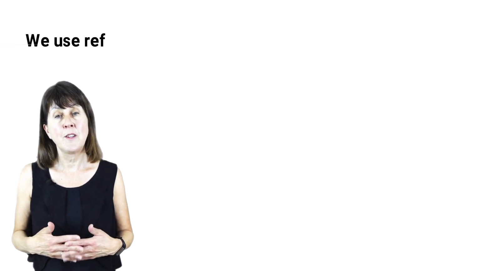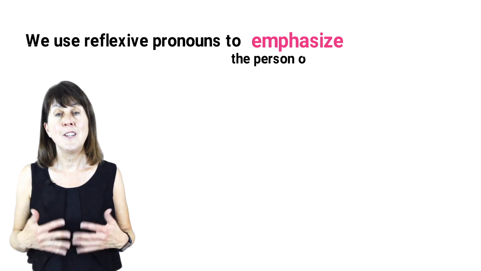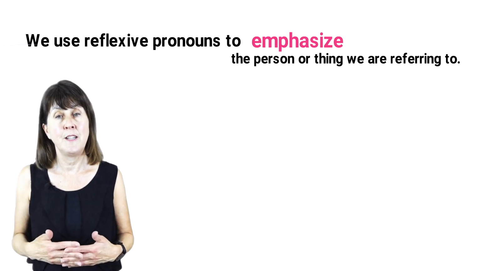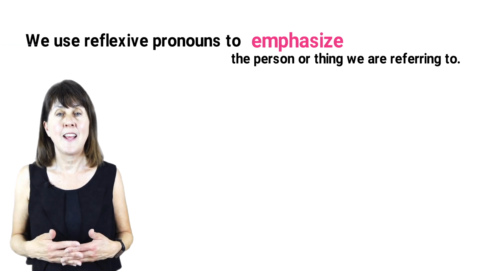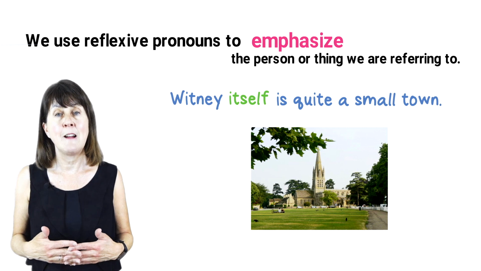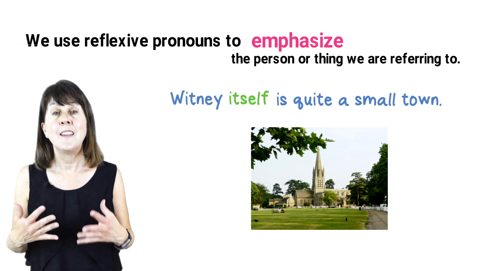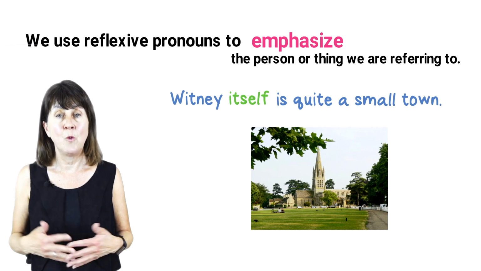We also use reflexive pronouns to emphasize the person or thing we are referring to. So you could say, Whitney itself is quite a small town. So here we are emphasizing Whitney, the town, being quite small.